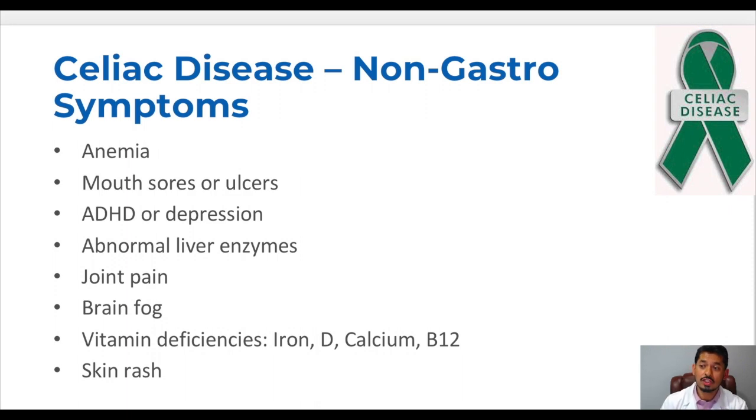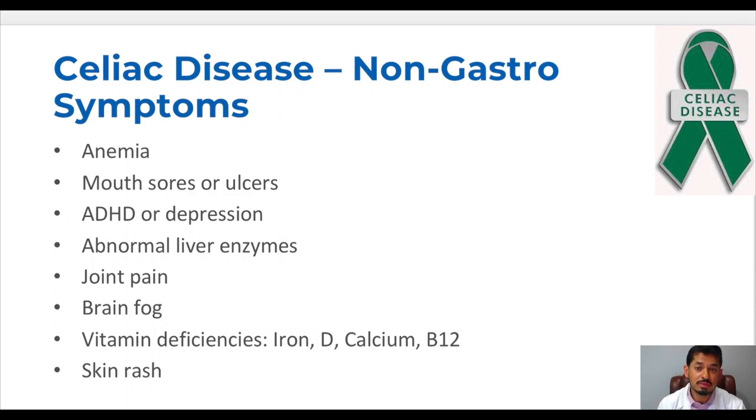There are a lot of non-GI manifestations of celiac disease, including anemia, or your blood count being low without any real cause. Mouth sores or ulcers can develop, which could be a sign of celiac disease. Patients who are young or in the teenage years may present as either ADHD or ADD, or maybe even have depression, and that could be a sign of celiac disease as well.